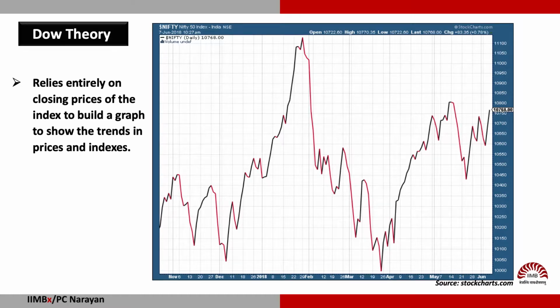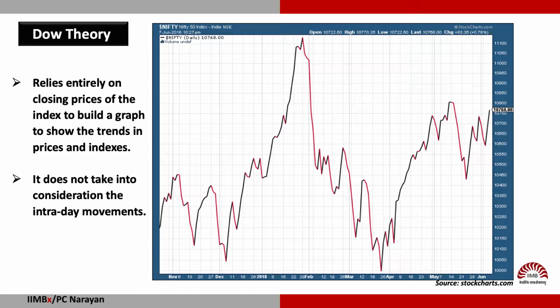Perhaps it was generally believed the only information not reflected in the Dow Index comprises unknowns such as earthquakes, natural disasters, etc. Dow theory relies entirely on the closing price of the index to build a graph that shows the trends in prices and indices. It does not take into consideration the intraday movements.